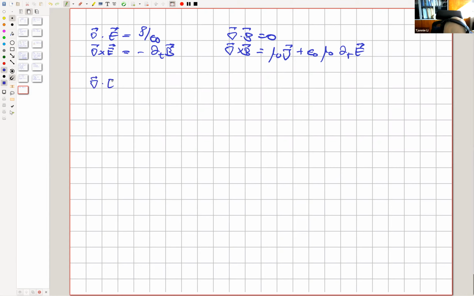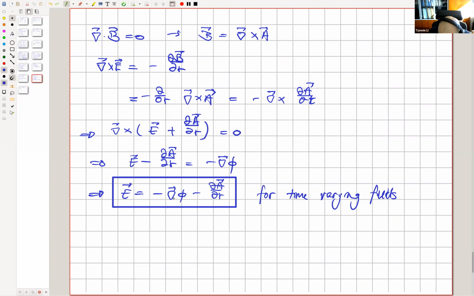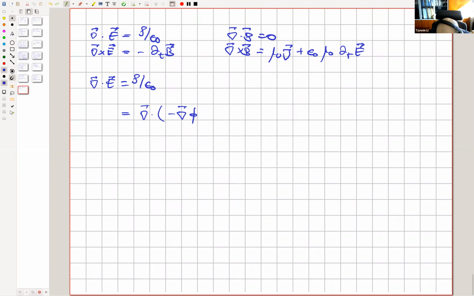Let's start with the divergence of E is rho over epsilon naught. But now I also know that E is the negative gradient of phi, from this equation over here: negative the gradient of phi minus the time derivative of A.